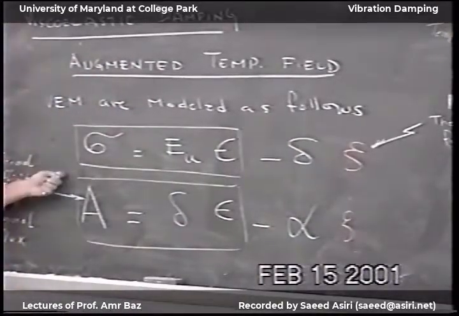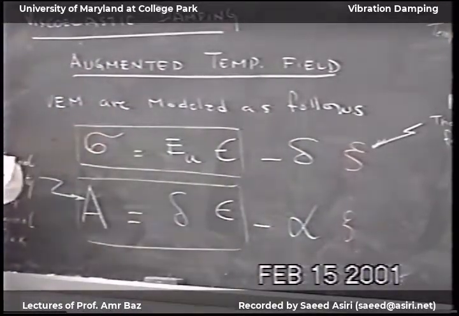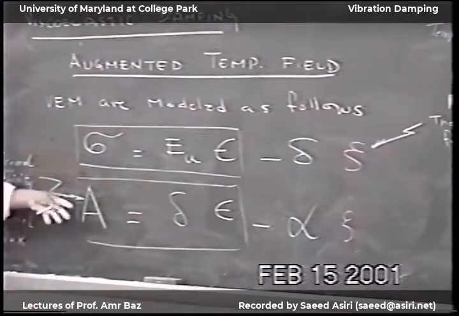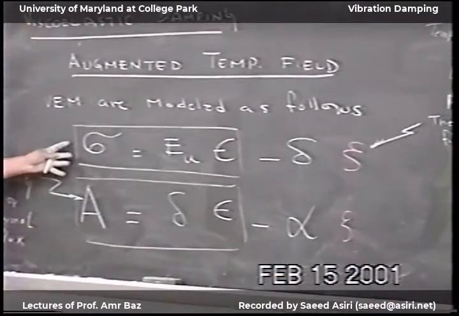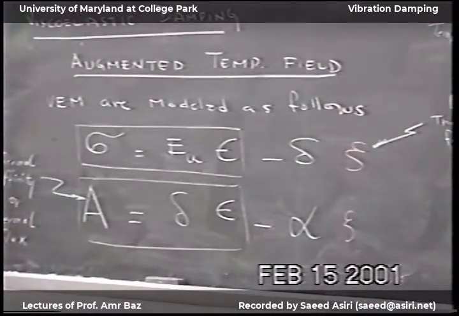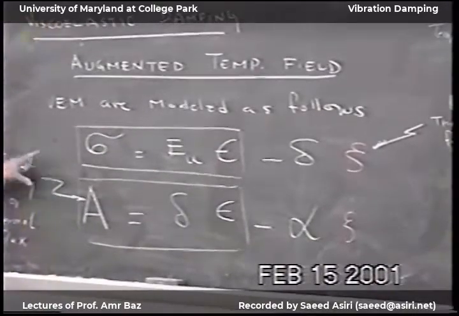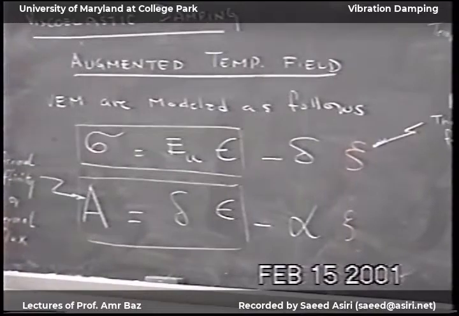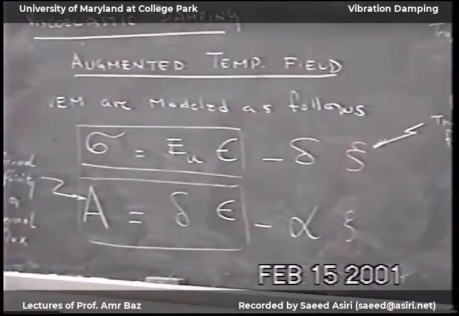If you look at this equation and this equation, they are exactly the same. The parallel is exactly the same. Now from here we do a little manipulation, and we'll come up with the storage modulus and the loss modulus for any viscoelastic material.